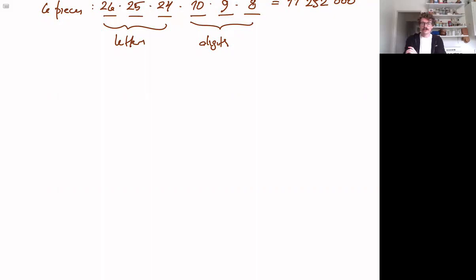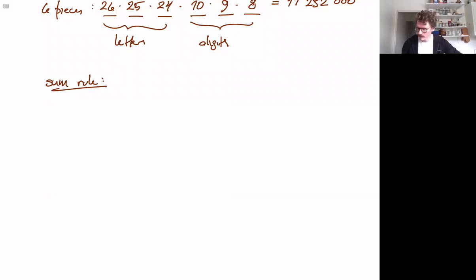So in addition to the product rule, to go on with our fundamentals of counting, we have a sum rule. And this is basically about breaking things down in a slightly different way.